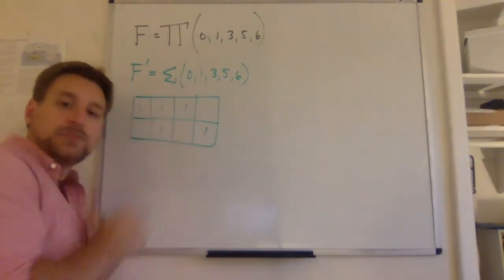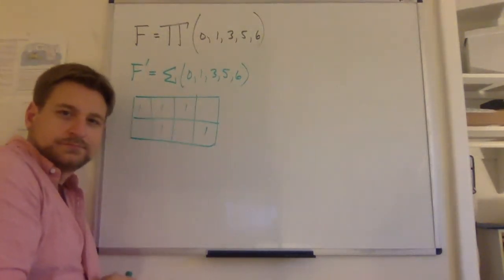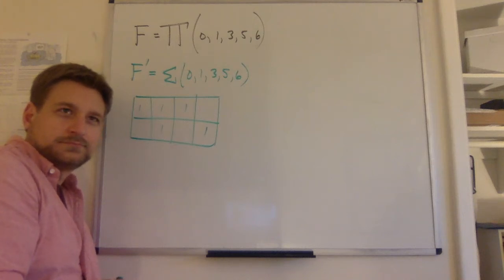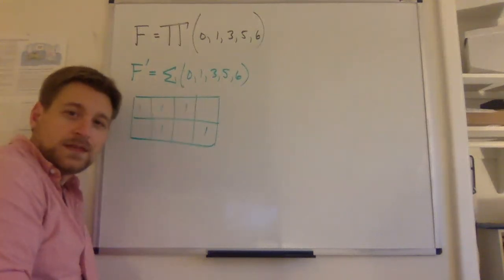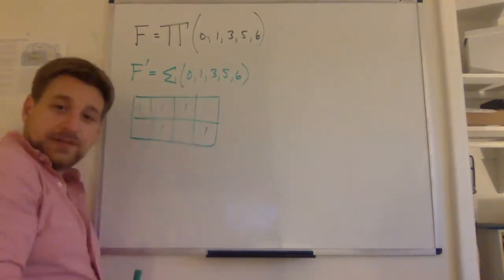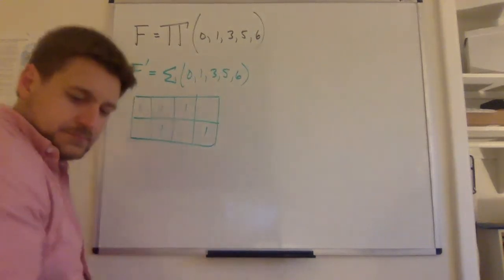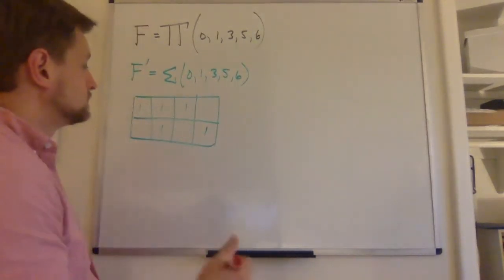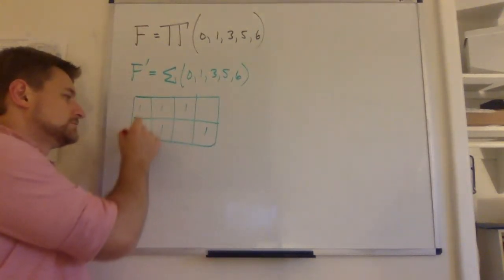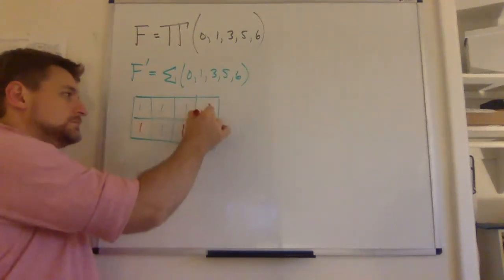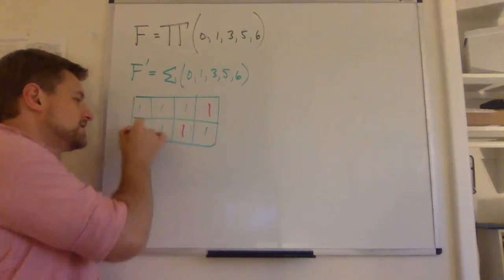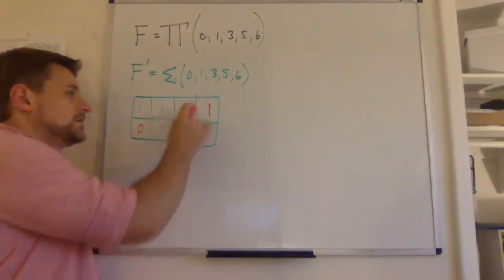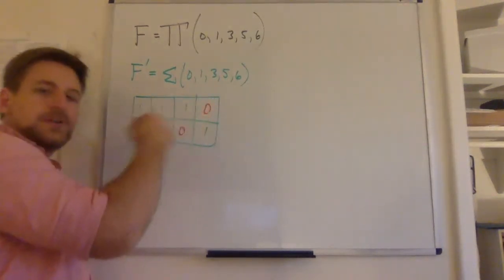That's f complement, because that's sum of minterms. So if that's f complement, where is f? F lives in the zeros of f complement.